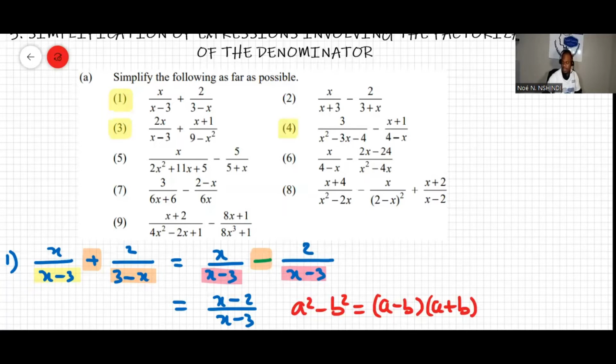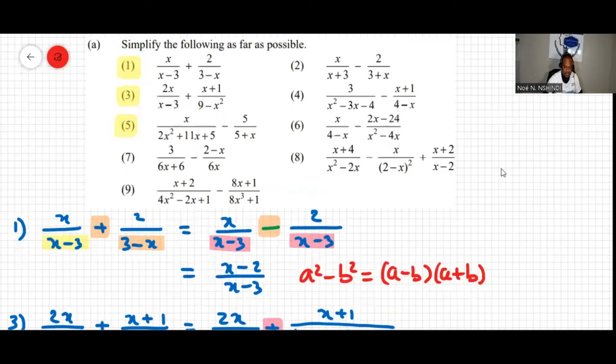Or maybe I'll take 5. 5 is 2x over x squared plus 11x plus 5, minus 5 over 5 plus x. Let me write the question over here.